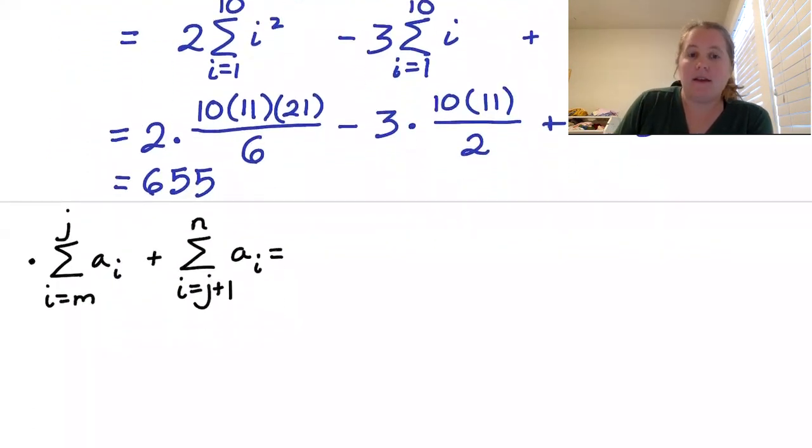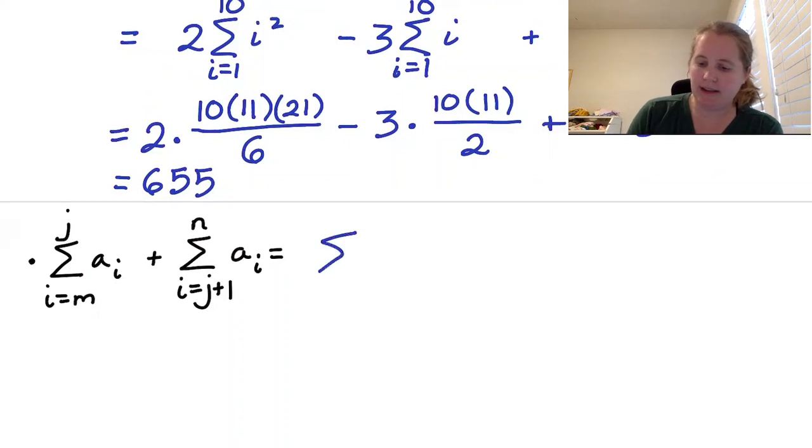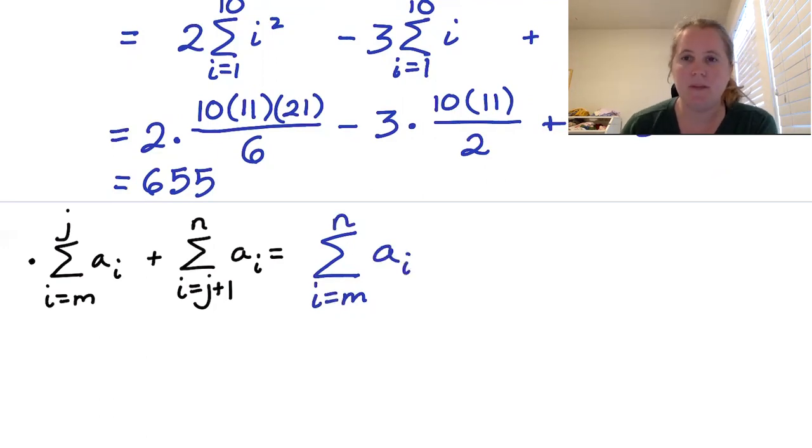All right, and now this last one, basically what we have is if we go from i equals m to j of a sub i, and then we add on the summation from i equals j plus 1 to n of a sub i, we can just tag these together and it becomes the summation from i equals m to n of a sub i.